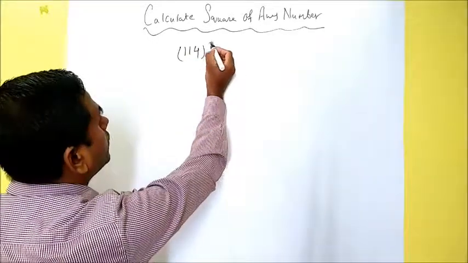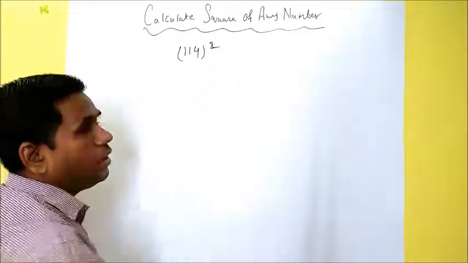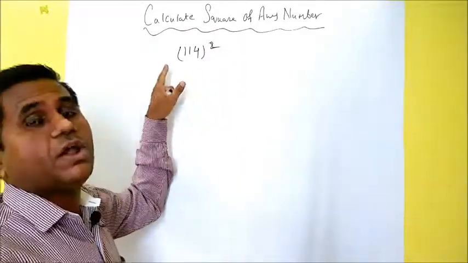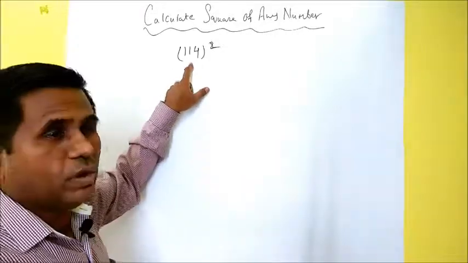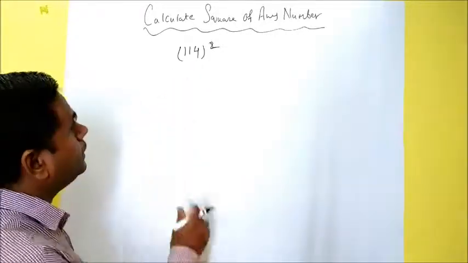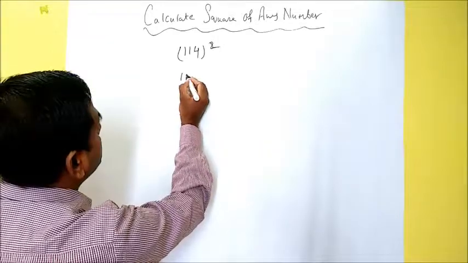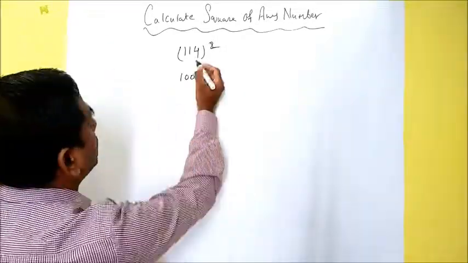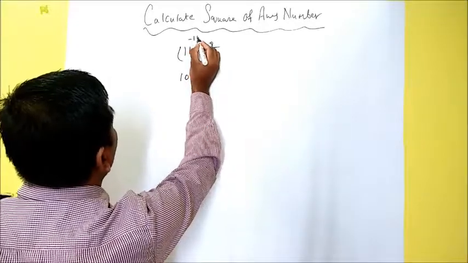In this, we have to see the nearest number which has zeros. The nearest is 100, right? How do we get 100? We get 100 by subtracting 14.